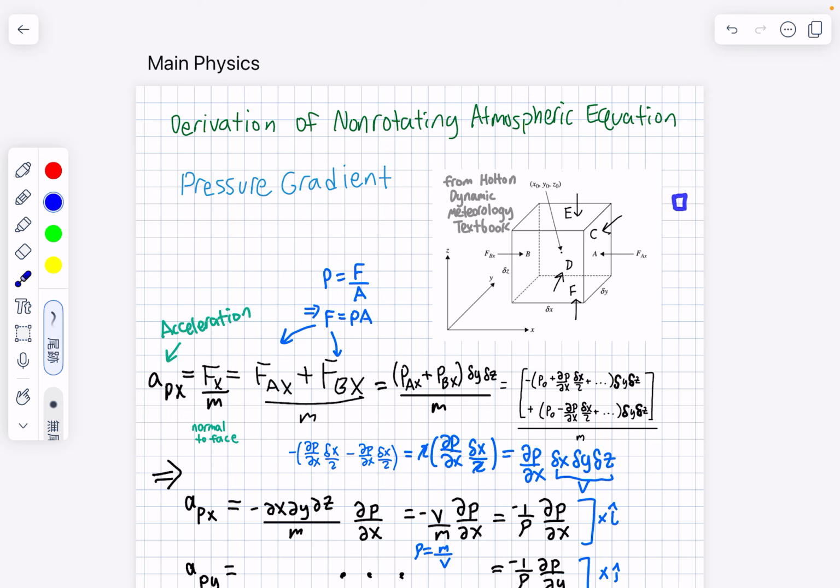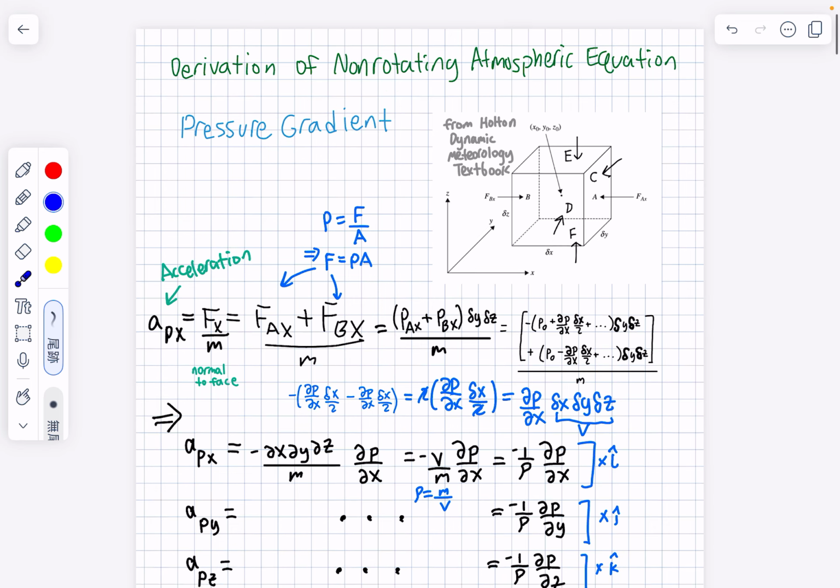And what we do is we shrink these distances through a limiting process until they become a point-like box. Unfortunately, as humans, we're not able to reach this point of infinitely small, so we can use calculus to get an approximation of that point.